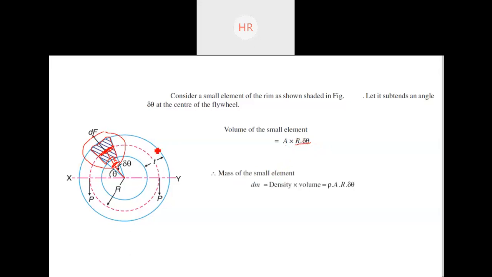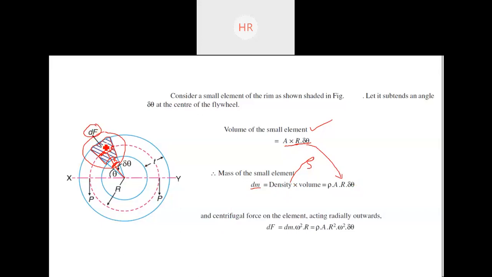Mass of this small element is equal to density into volume. If we know the material, then we know the density also. So mass of this small element dm is equal to rho into A R delta theta. Centrifugal force is equal to m omega square into r.